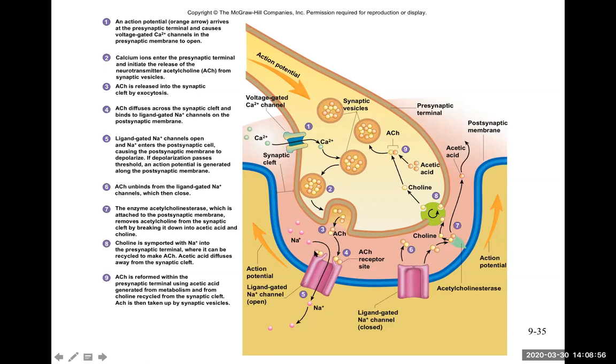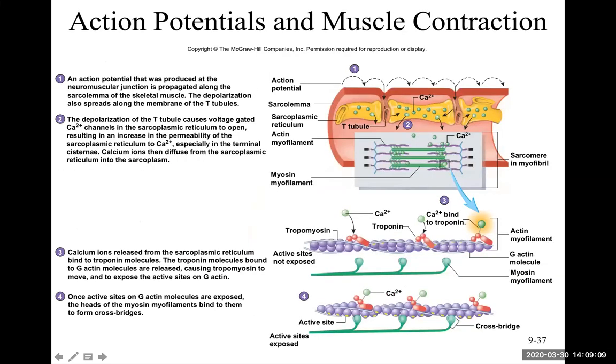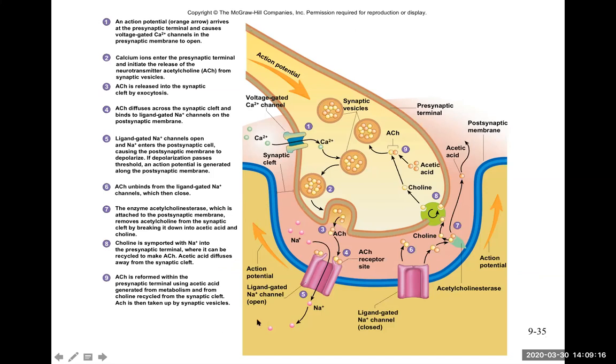When there is acetylcholine, the receptor opens and sodium rushes in. So that does happen, and you can see that there is a sequence when you're going through this, and you can read it and follow the numbers all the way through.